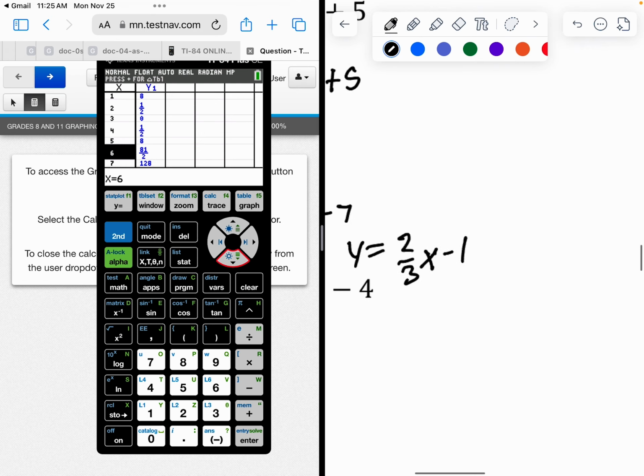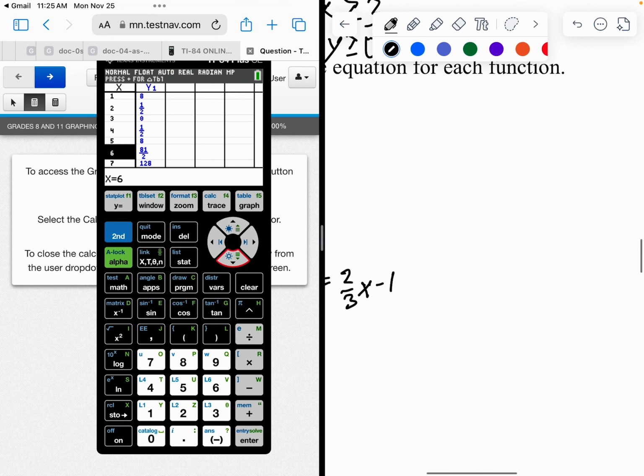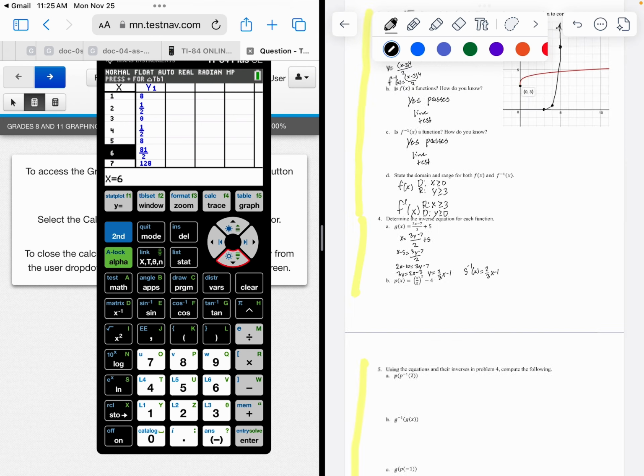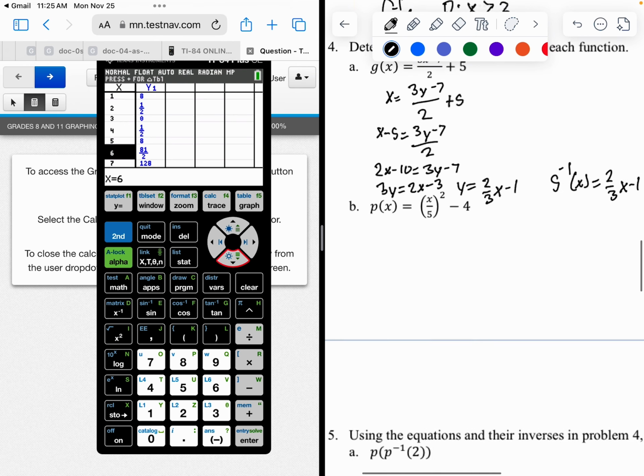Alright, so the inverse of g. Now we're going to do the inverse for this one.